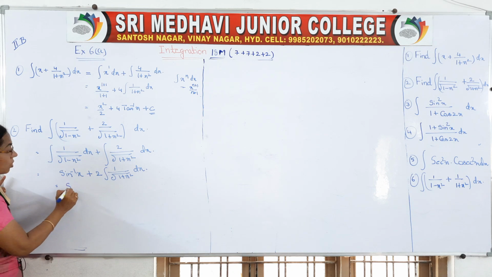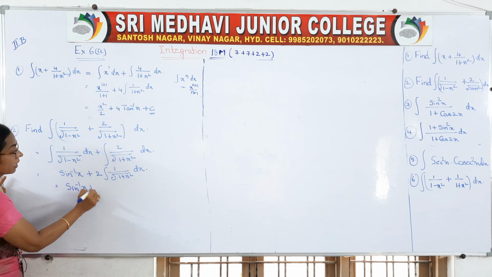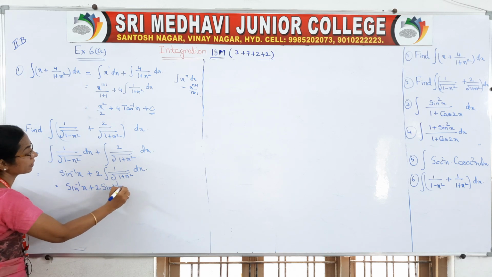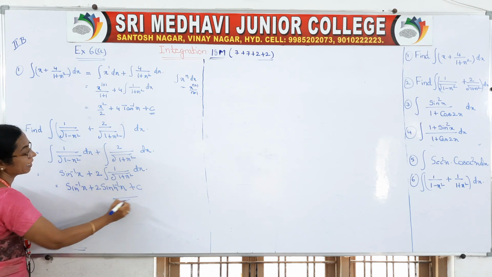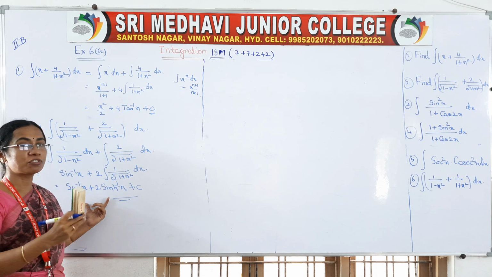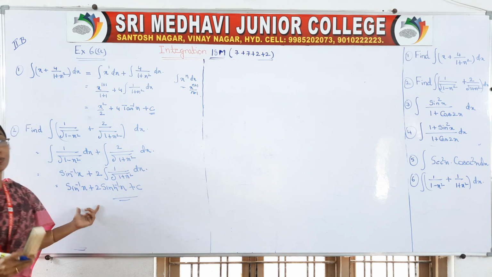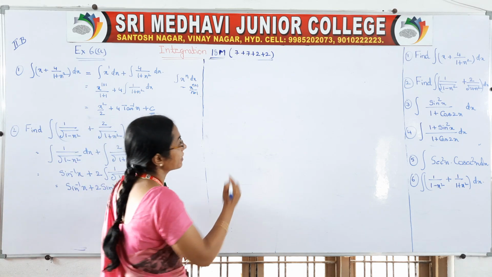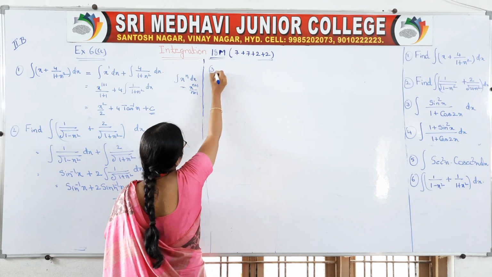So it is sine inverse x plus 2 sine h inverse x plus c. Remember, plus c should be there. So after completing, after taking all the values, all the formulas, at the end we have to write plus c.